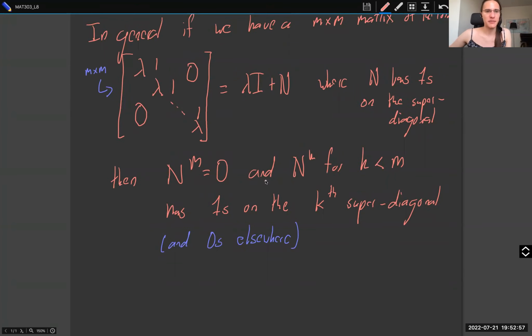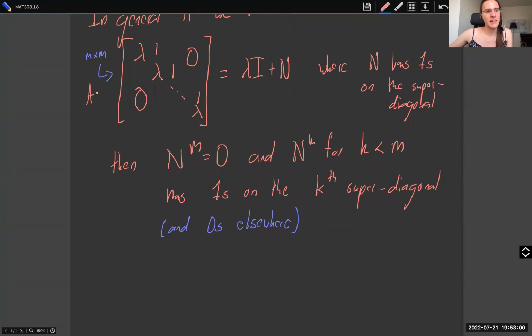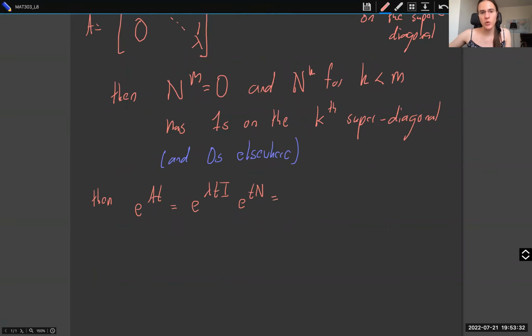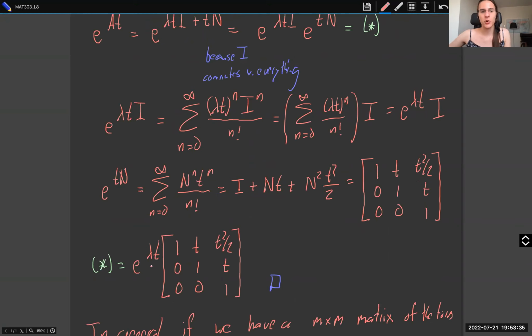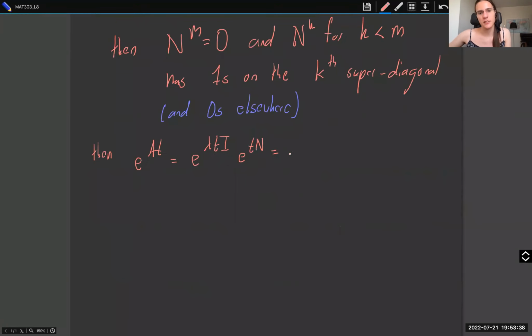Okay, so what is the consequence of this? If this is A, then e to the A t is equal to e to the lambda t I times e to the t N. And the reason is that the identity commutes with everything. So because of commutativity, and only because of commutativity, we get this. And as before with the identity matrix, we're just going to get e to the lambda t times the identity matrix.